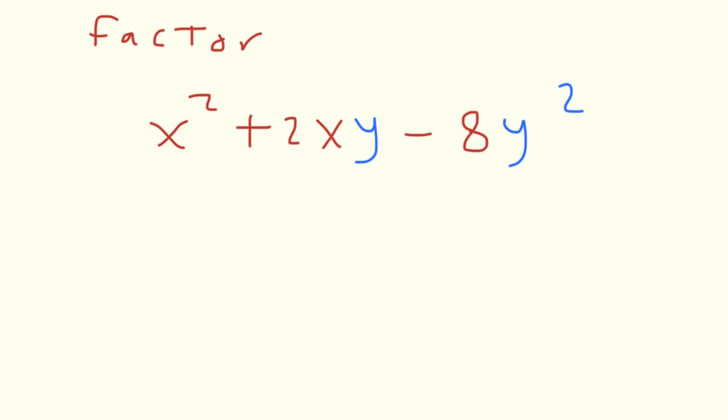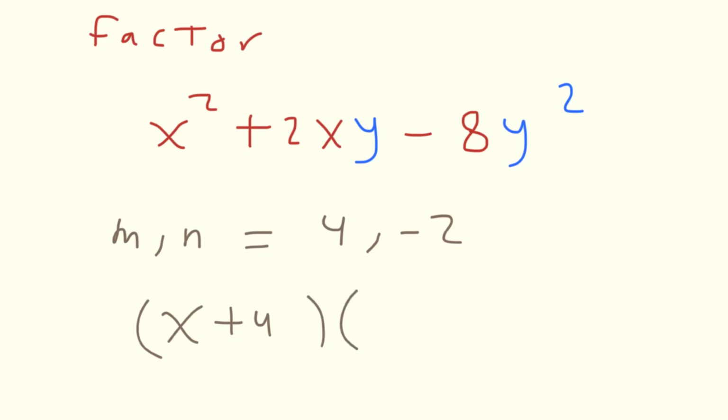This question is solved exactly the same way. Once you find the two numbers m and n, suppose you find them to be 4 and minus 2, you write the answer like this: x plus 4, and previously we did x minus 2, but now we're adding the y. It's 4y and the minus 2y.